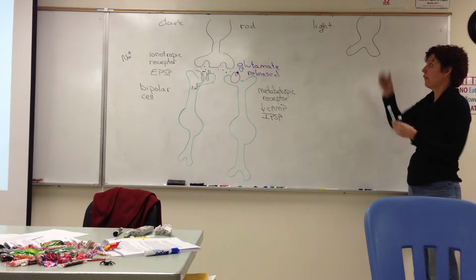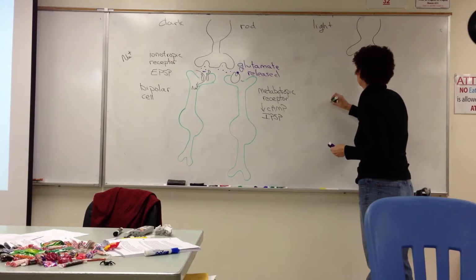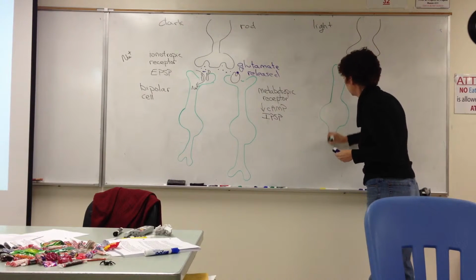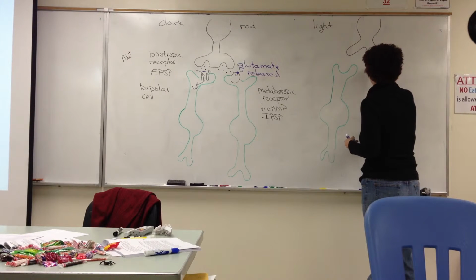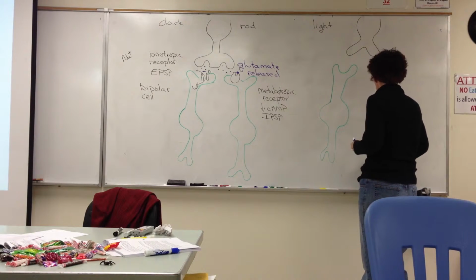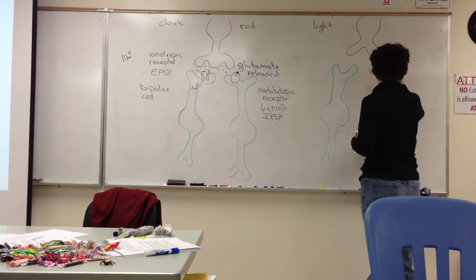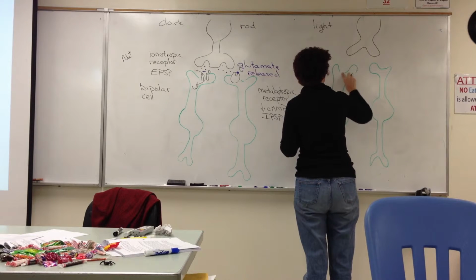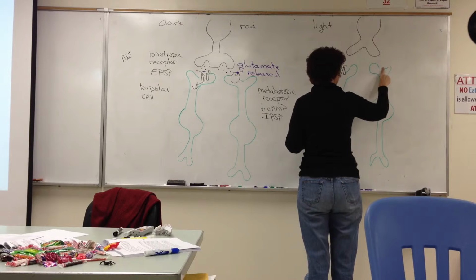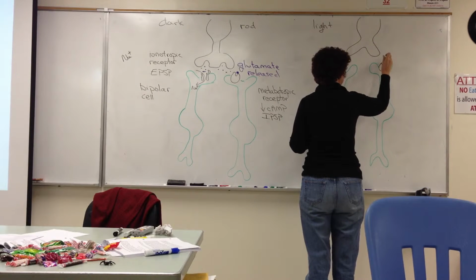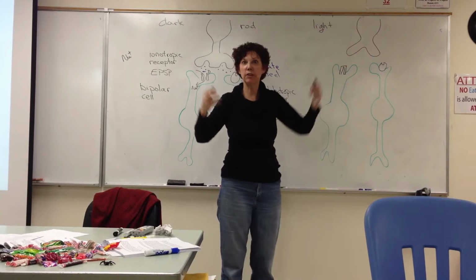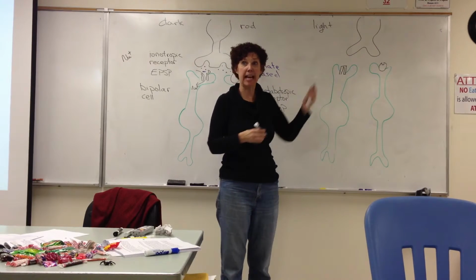Now when we look at the effect of light on those same cells, and we have an ionotropic receptor here, and a metabotropic receptor here, we have no glutamate because of the light effect, right?